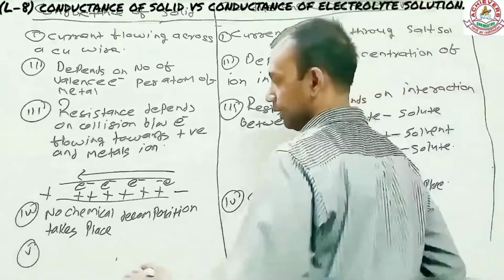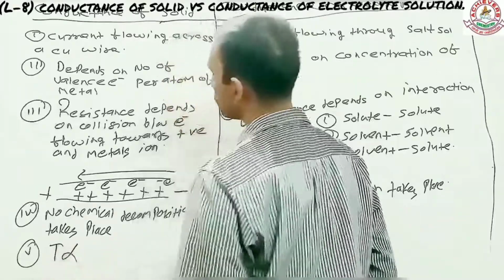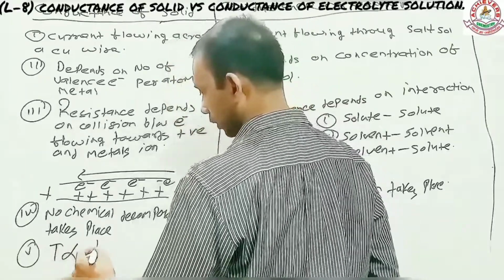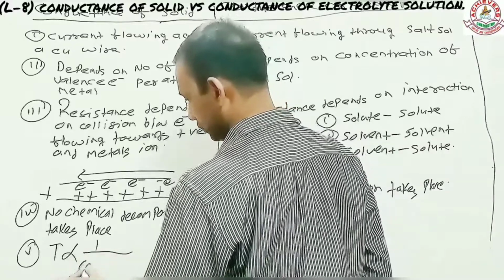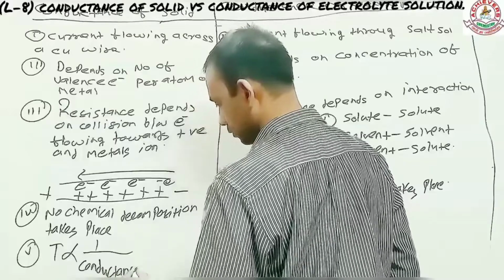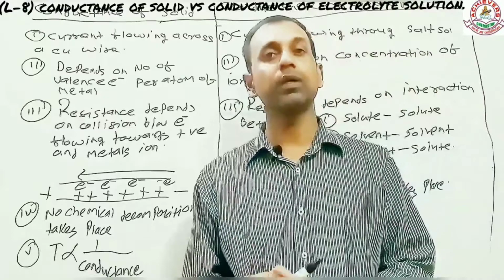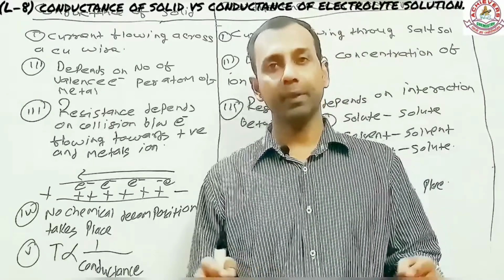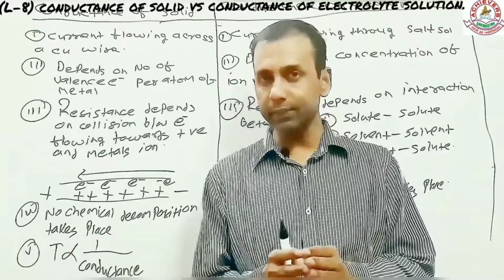So fifth one is going to be temperature is inversely proportional to conductance of solid. What that means? If you increase the temperature of a conductor, the electronic collision with the ions increases.